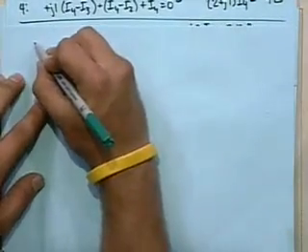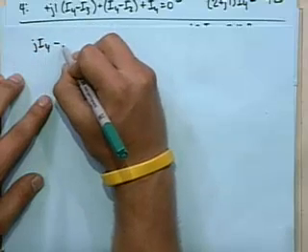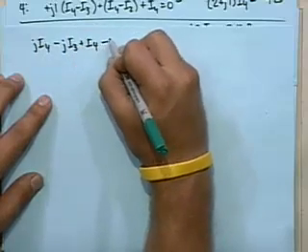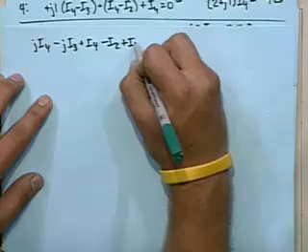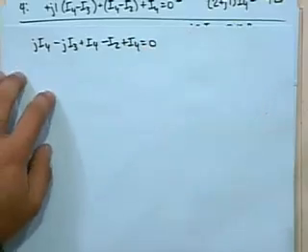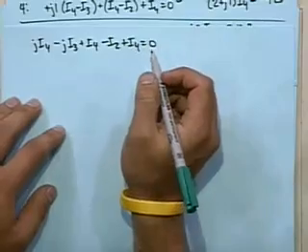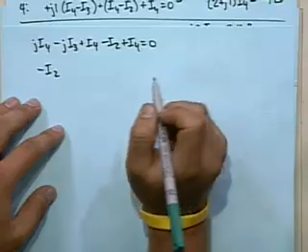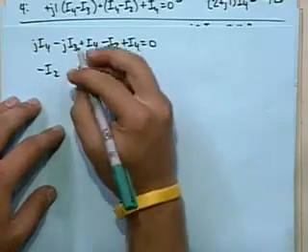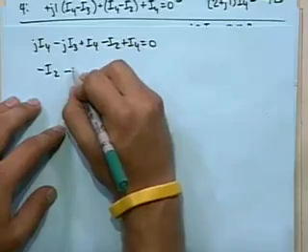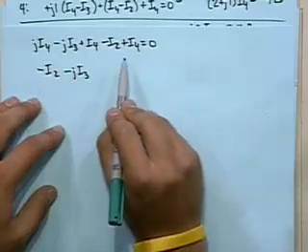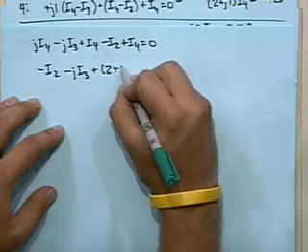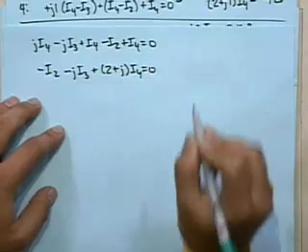So we have J times I4 minus J times I3 plus I4 minus I2 plus I4 equals 0. So try to collect the terms. We've got negative I2. On I3, we've just got the negative J times I3. And then on I4, we've got 2 plus J times I4 equals 0.